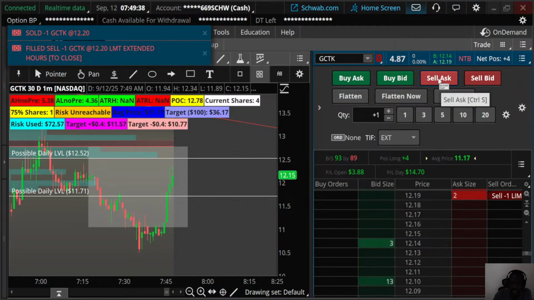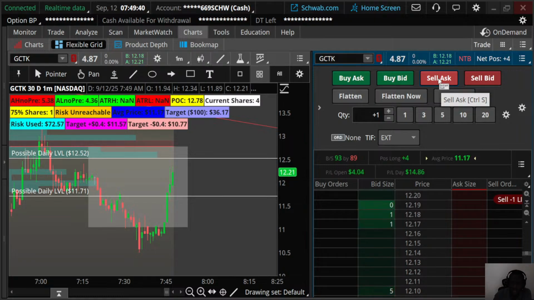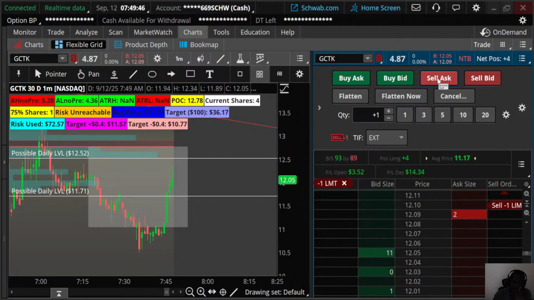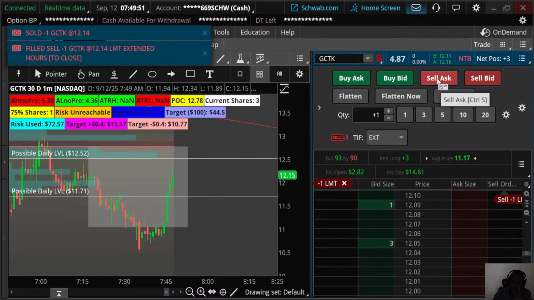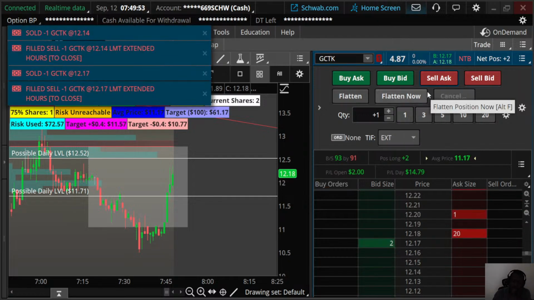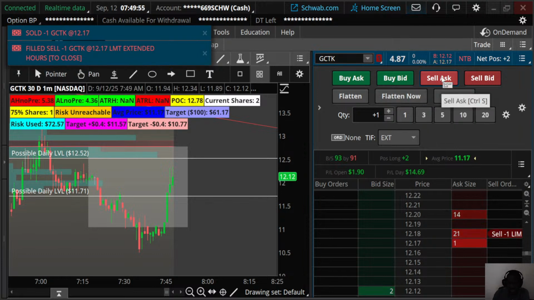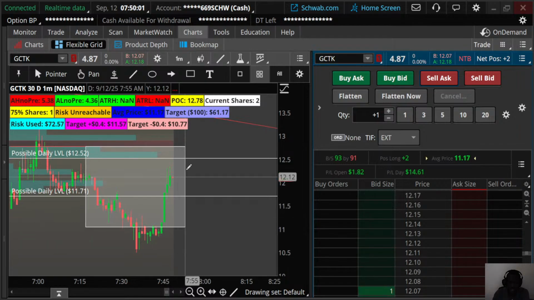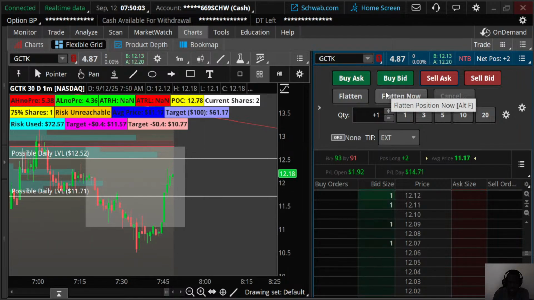I'm okay ending the day with this. It's okay. Because it didn't have to happen, but it just took so much time for it to pop. I really wasn't sure. 2 shares left. Not really risking the biscuit here. I got a move from 11s all the way up here, so about a $1 move.